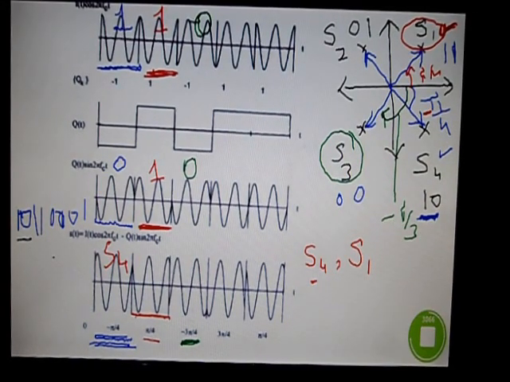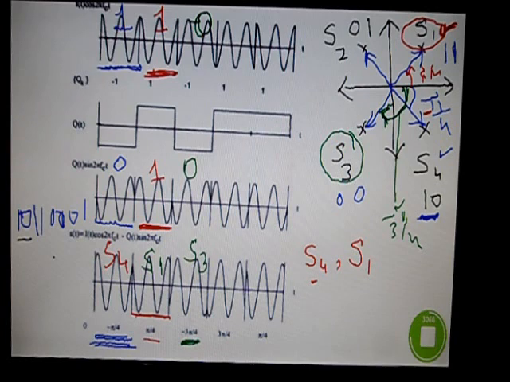It is minus 3 pi by 4. So this angle is minus 3 pi by 4. In the constellation diagram, you can observe that this angle is minus 3 pi by 4. So we have S4, then S1, and then we are transmitting S3. This is the symbol S3, which can be seen in the signal constellation diagram, and the waveform is given here.